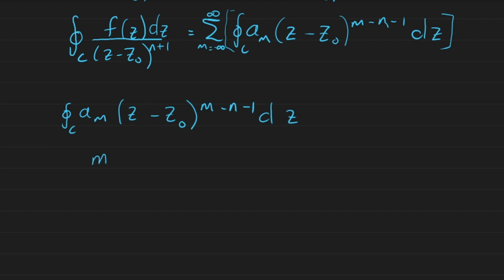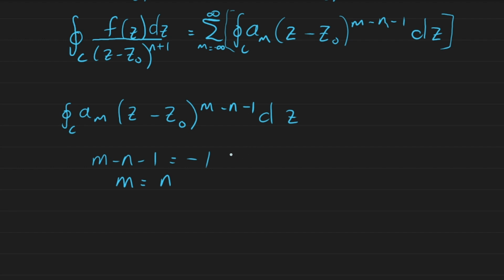So where this exponent is equal to minus 1, what we're actually saying is that m is equal to n. This is very obvious to see. So we're now going to evaluate this integral for this particular scenario. We can take this am out of this integral. We can put that as part of the sum.